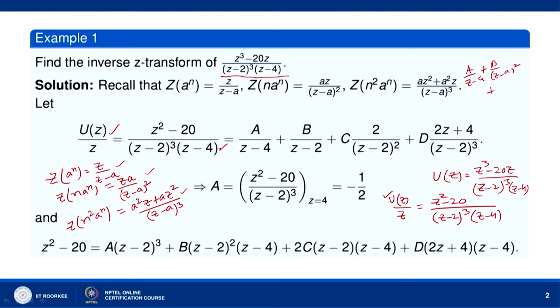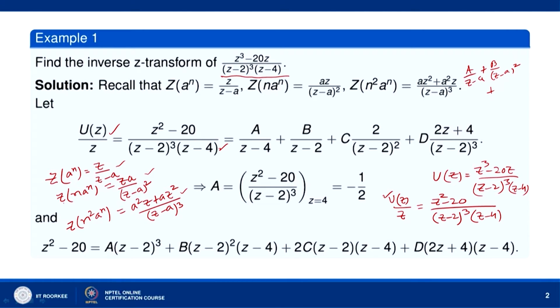When we take the inverse transform of U(z), the inverse Z transform of Z over Z minus 4 will be 4 to the power n, and the inverse Z transform of Z over Z minus 2 will be 2 to the power n. Here the inverse Z transform of Z over (Z minus 2) whole square we cannot write directly.